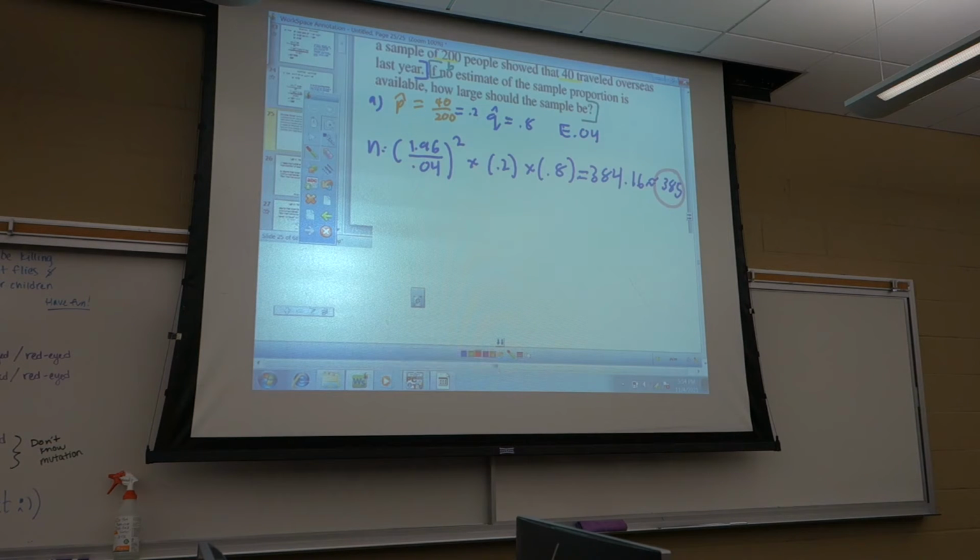Perfect. Thank you. And then for part B, it's the same thing, only we're using p hat is 0.5 and q hat is 0.5. So then we'll have n is 1.96 over 0.04 squared times 0.5 times 0.5.